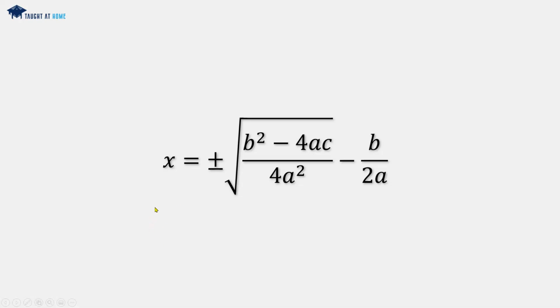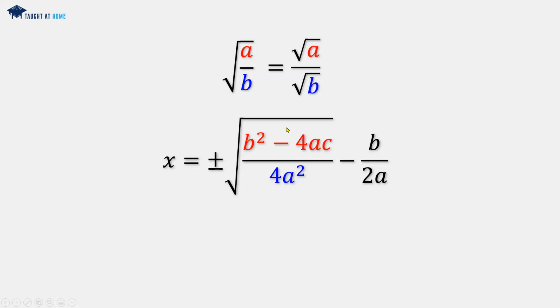Now if I said to you, the square root of a over b could also be rewritten as the square root of a over the square root of b, would you recognise that we have something similar here? Because here this could be represented by the a term, and the 4a squared could be the b term.